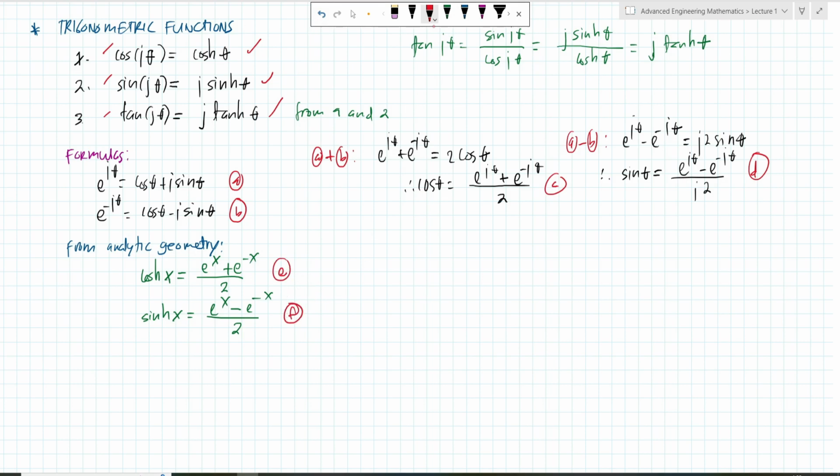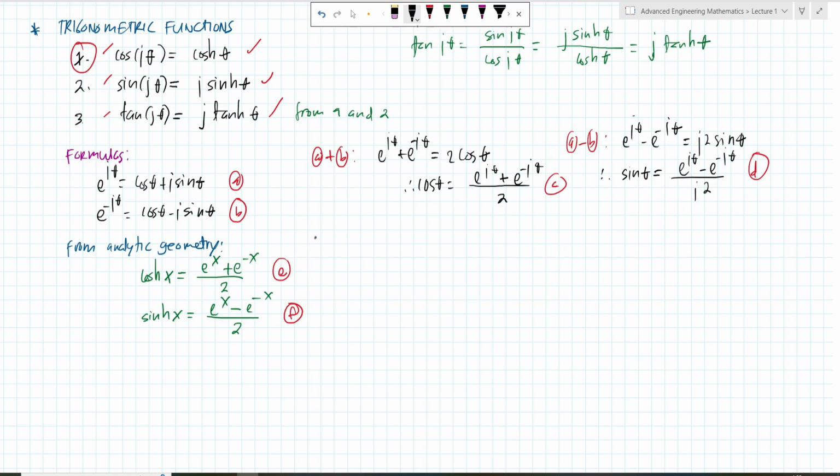Now, how do we derive number 1? I am showing this because if you forget formula number 1, 2, or 3, you will do this derivation.